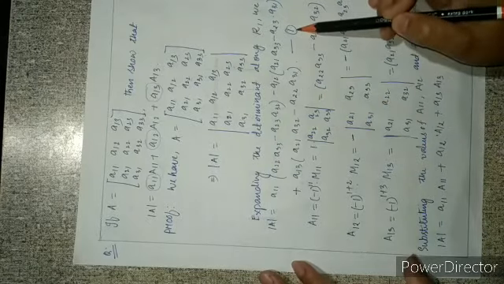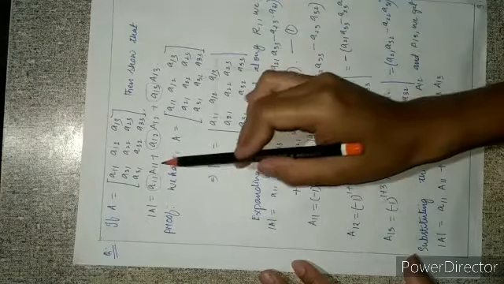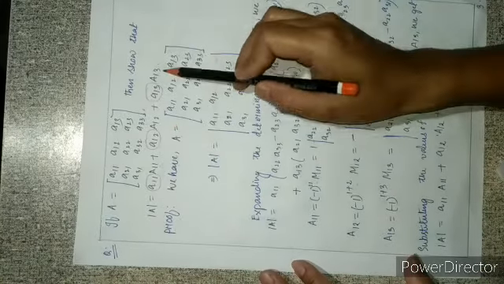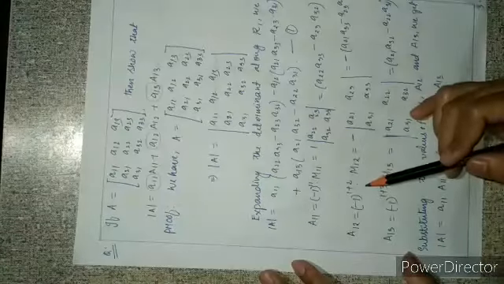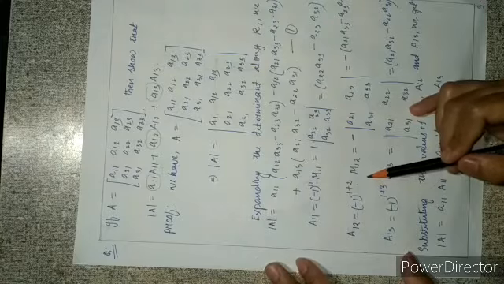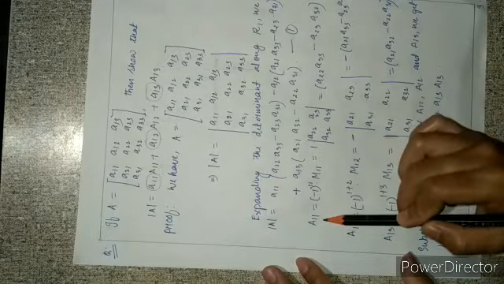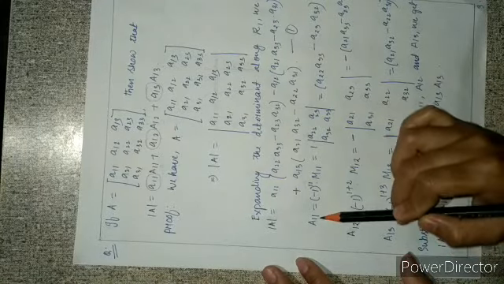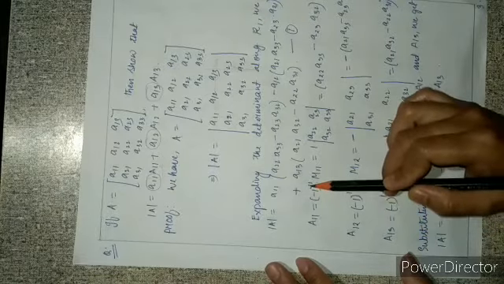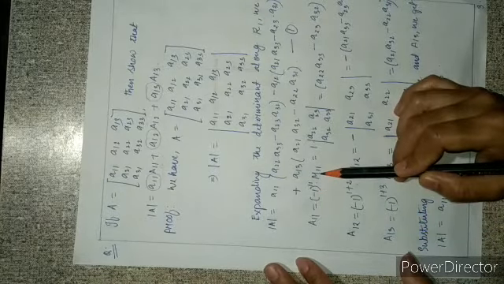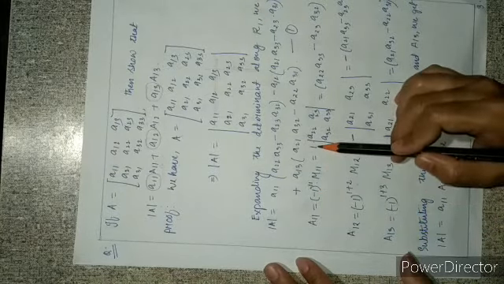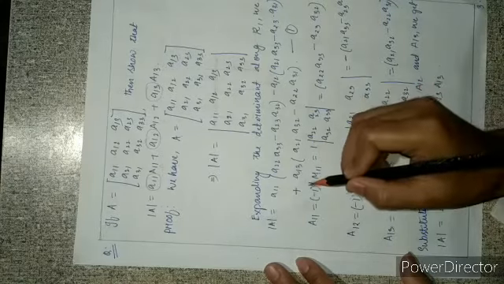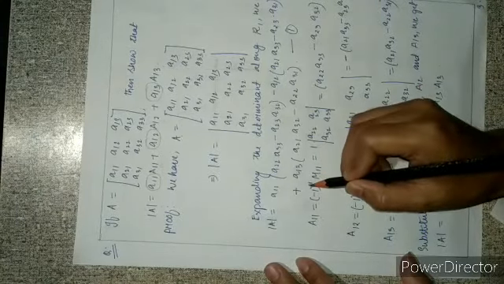See question number 1. Then find these cofactors A11, A12 and A13. Capital A11 is minus 1 to the power i plus j, then write minor M11. Minus 1 to the power 1 plus 1, 1 plus 1 is 2, so it is plus 1.